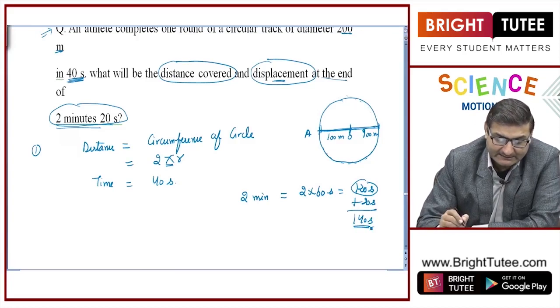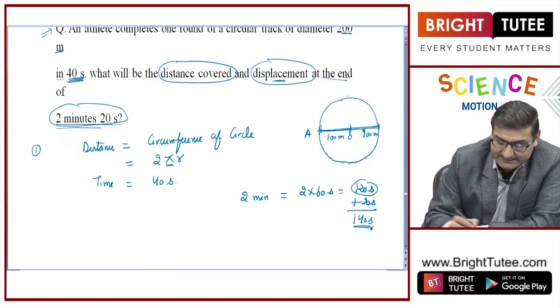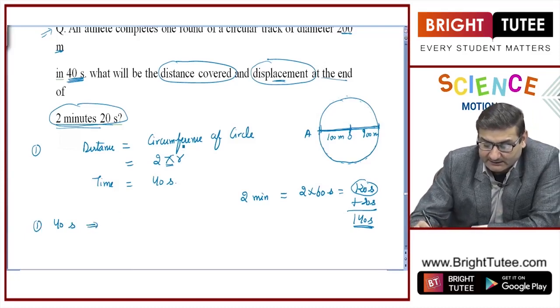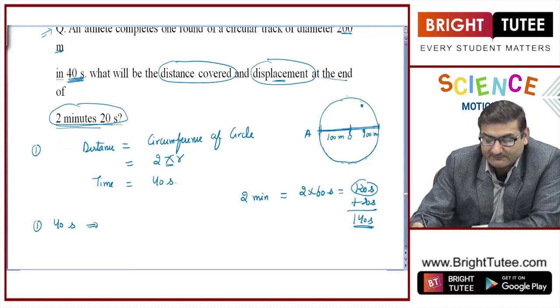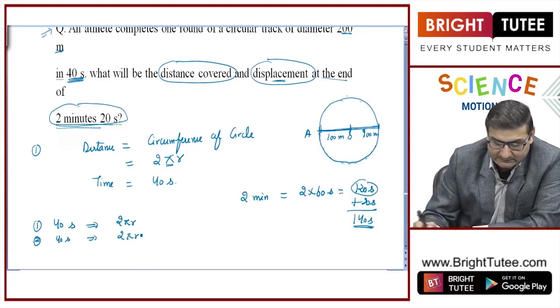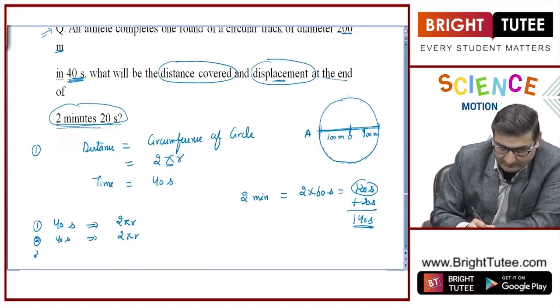Now, try to relate: in the first 40 seconds, this athlete travels a distance of one circumference of the circle, that is equal to 2 pi r. In another 40 seconds, he is covering another distance of 2 pi r, one more round of the circular track.